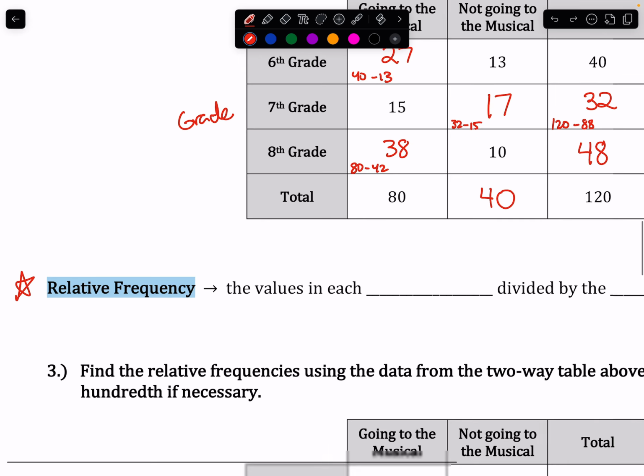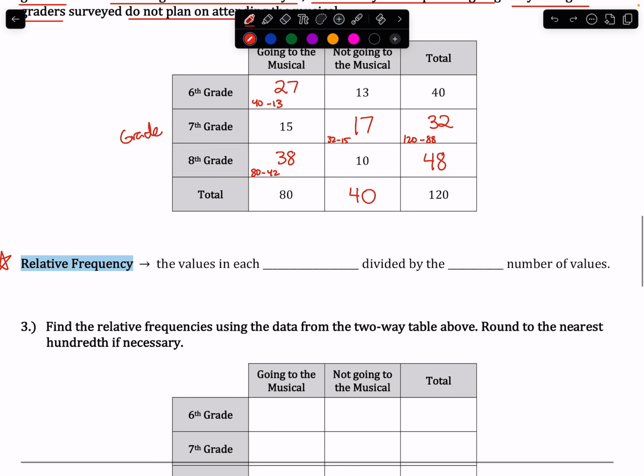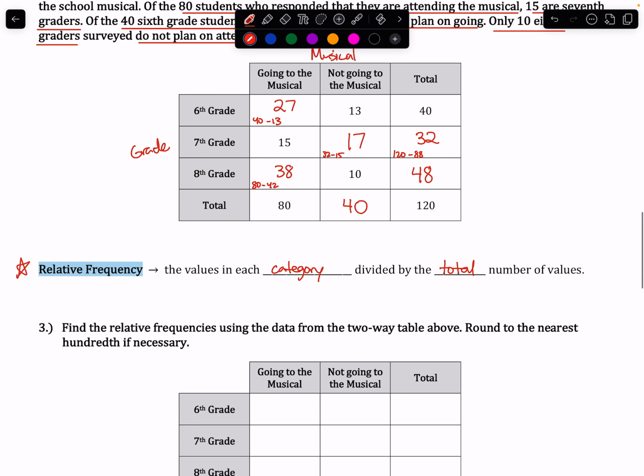There's a comparison here. That comparison is looking at the values in each category divided by the total number of values. And so we're looking more so at the percentage that it's going to occur.